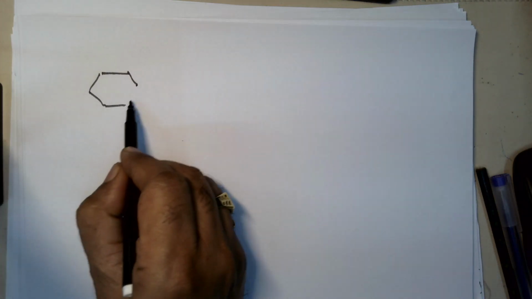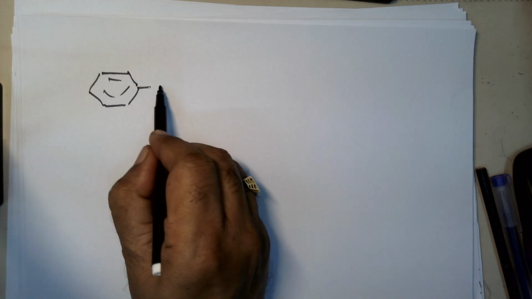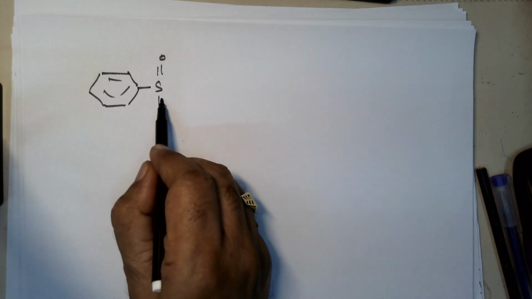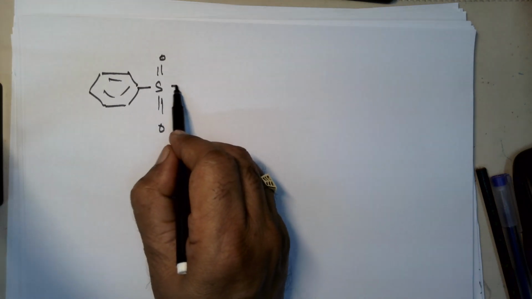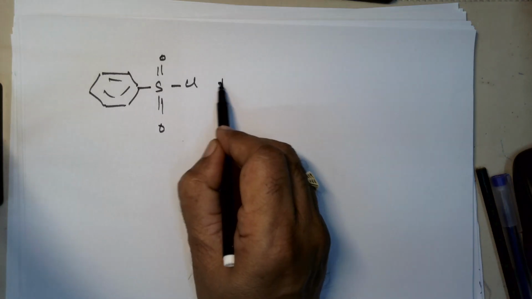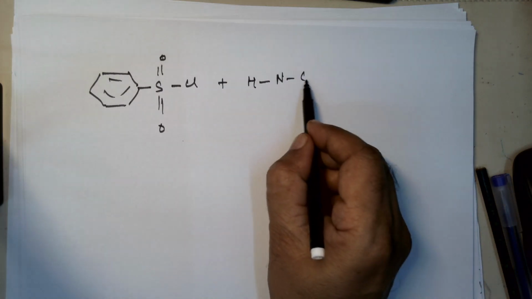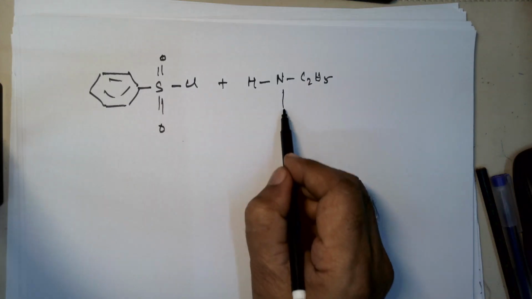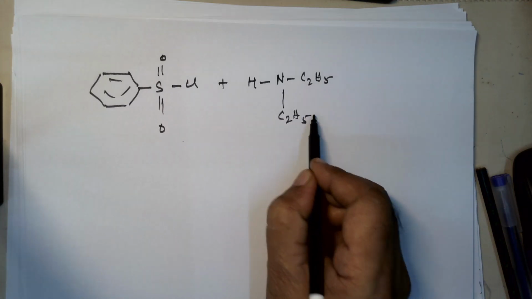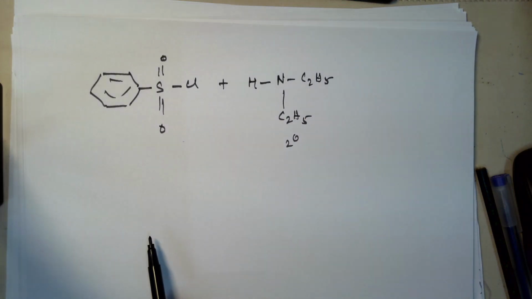Then similarly, the same compound reacts with a disubstituted, that is secondary amine, C2H5, C2H5. So this is the secondary amine.